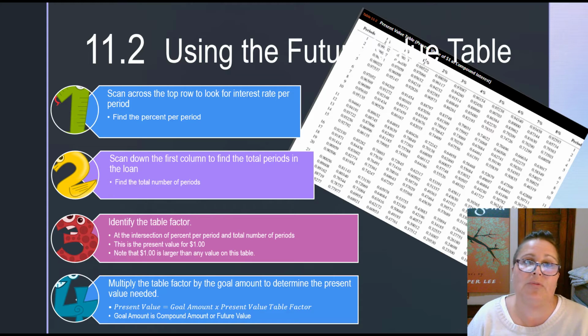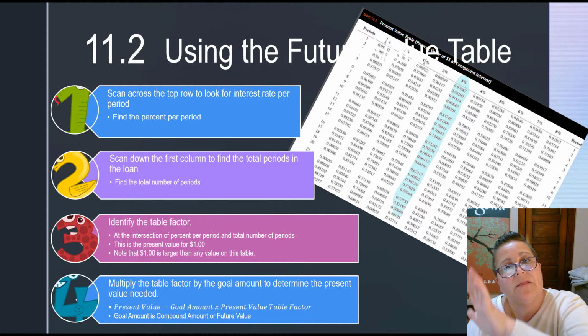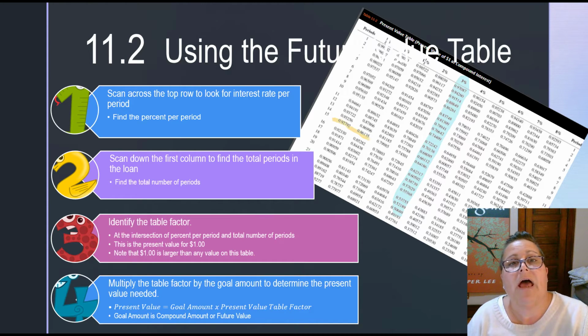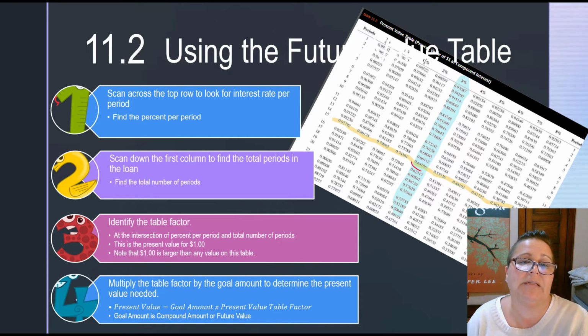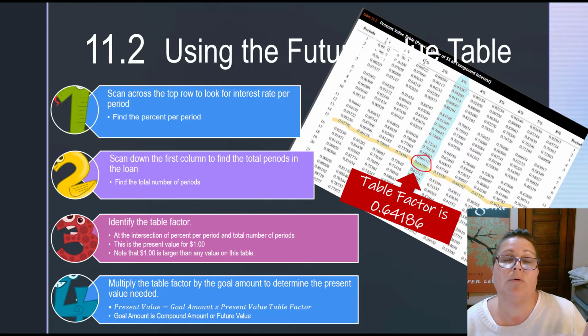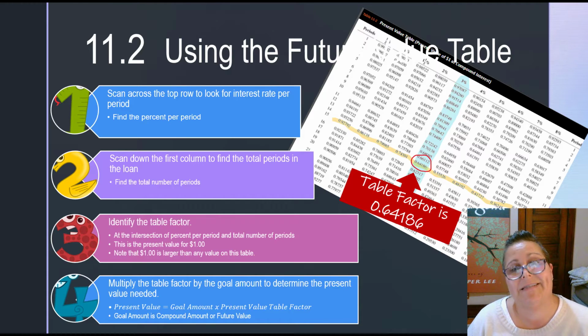So if we have 3% for 15 periods, we would go across the top row, find 3%, and look down that column. And then in the first column, we'd find 15 periods and follow that across. The intersection of 15 periods and 3% is our table factor. In this case, that's 0.6418.